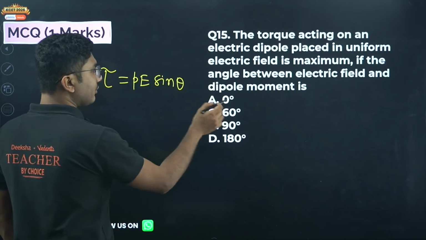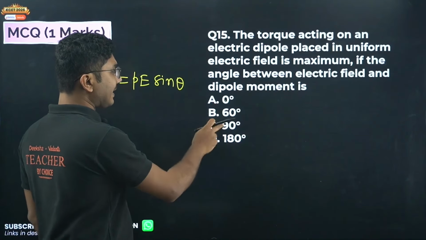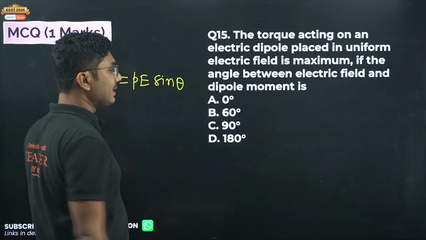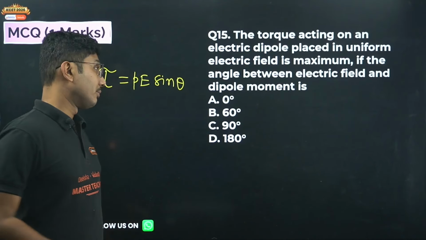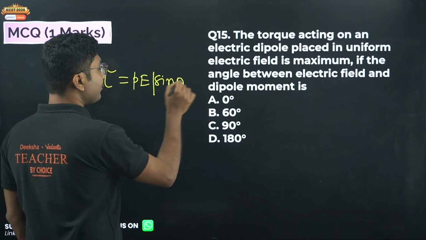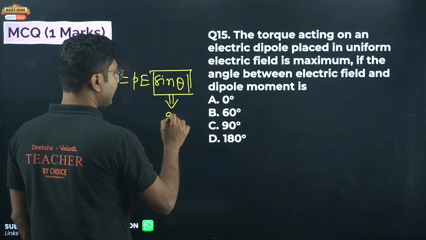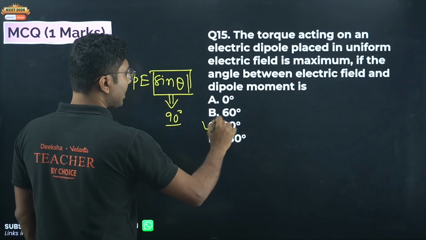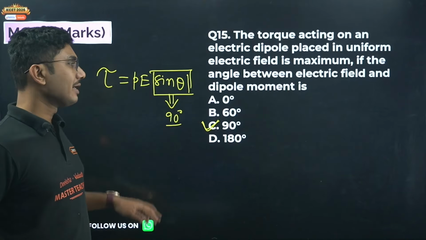Now sine 0 is 0, sine 60 is root 3 by 2, sine 90 is 1, sine 180 is again 0. So the torque acting on this dipole will be maximum when the sine theta value is maximum. Sine theta is maximum when theta equals 90 degrees. So the torque will be maximum when the angle is 90 degrees.